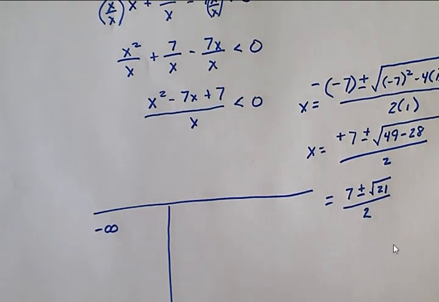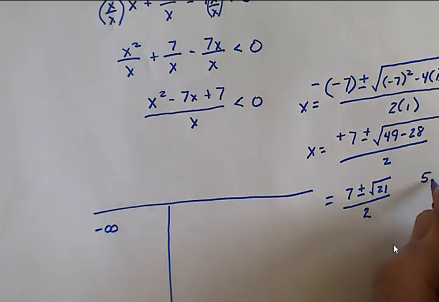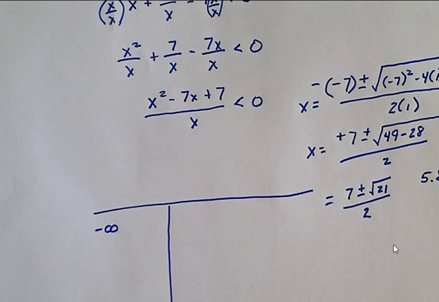So 7 plus the square root of 21 divided by 2 is about 5.8, and then 7 minus the square root of 21 over 2 is about 1.2.